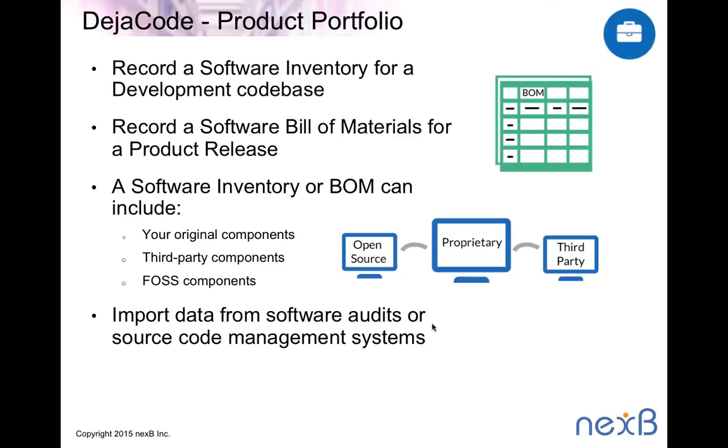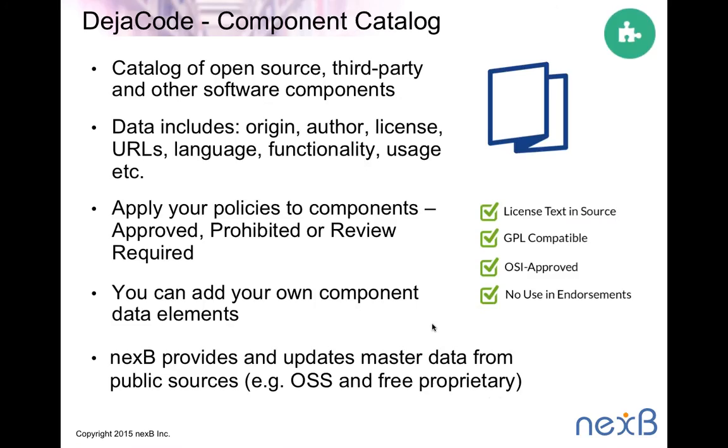With DejaCode, we have an open platform that allows you to import data from any system or any sources. You manage your data by product with efficient approval workflows, and you can automate your compliance with free and open source software obligations.